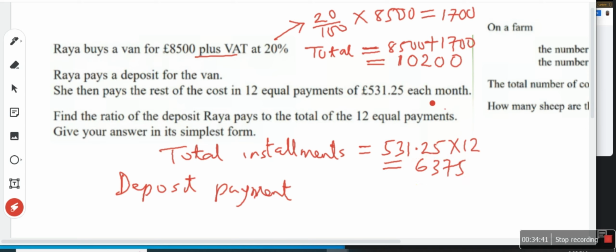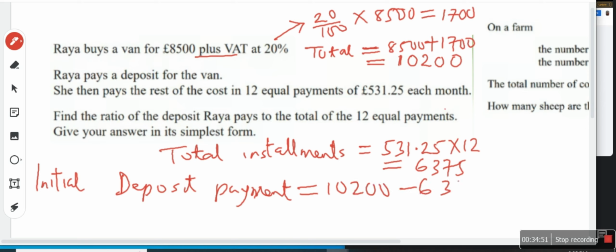So how much did he deposit? You can call it initial deposit payment. Initial deposit payment will be the difference, which is 10,200 minus 6,375. And what did you say you got? 3,825. All right, so that's all.